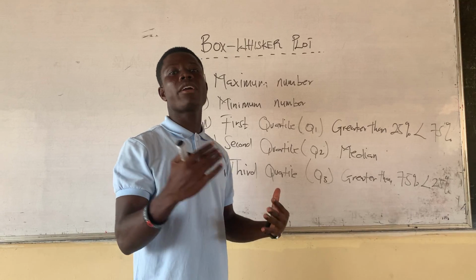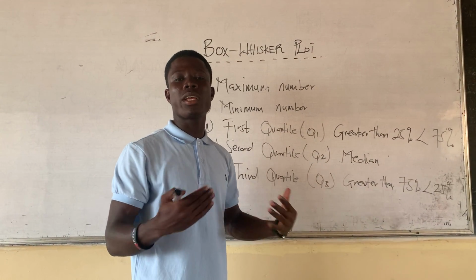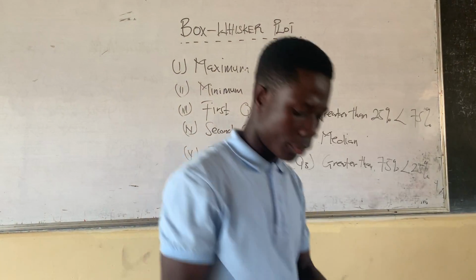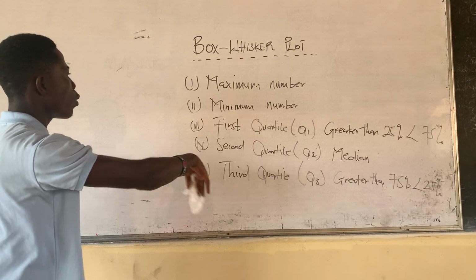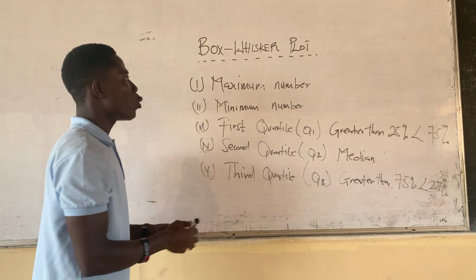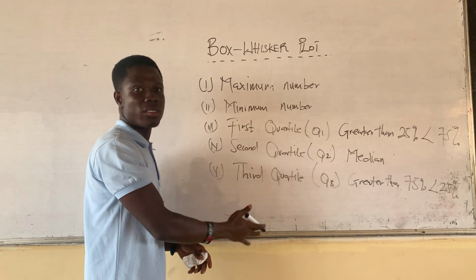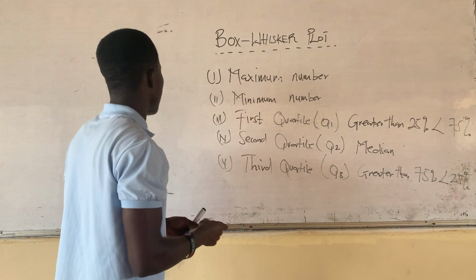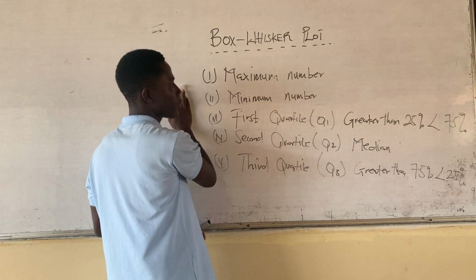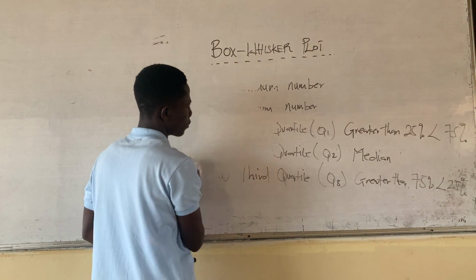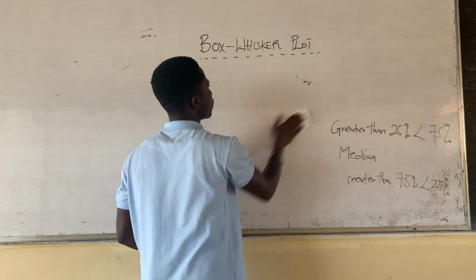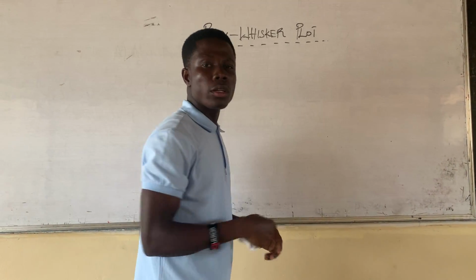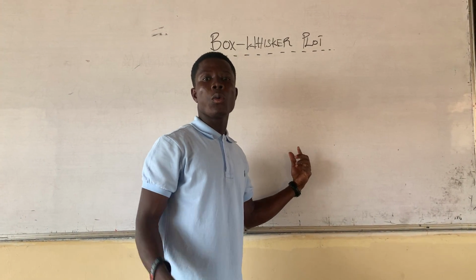Now let's move on to the graphical representation of the box and whisker plot so that we can get much insight into what we are doing. So now we know our properties. This is the interpretation of the box and whisker plot, and these are the 5 main properties. So now I'm cleaning the board. Now let me draw a box and whisker plot so we can interpret it.